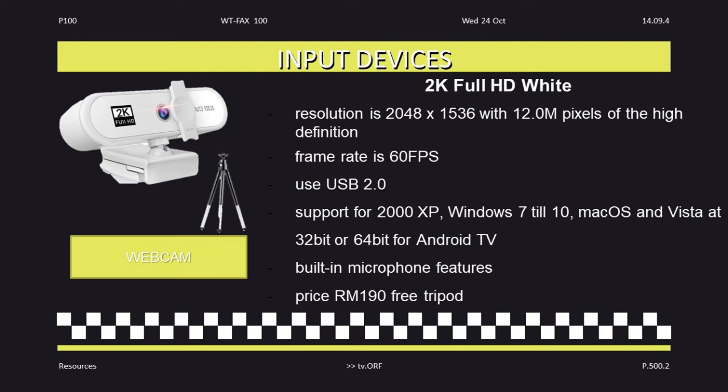This webcam uses USB 2.0 and it supports Windows 2000, XP, Windows 7 till 10, Mac OS and Vista, and 32GB or 64GB for Android TV. This webcam has a built-in microphone and the price is 119 ringgit, and it comes with a free tripod.